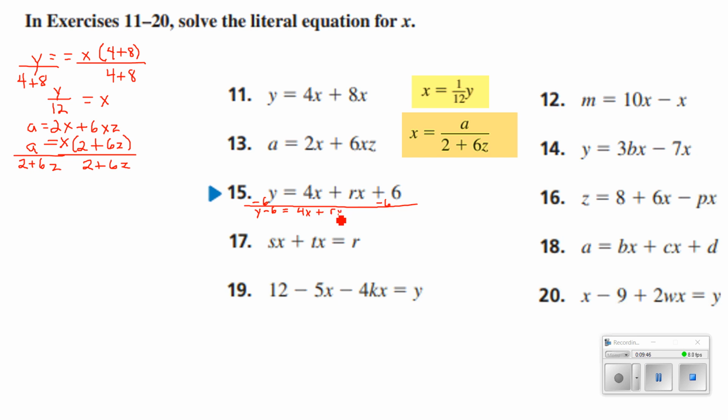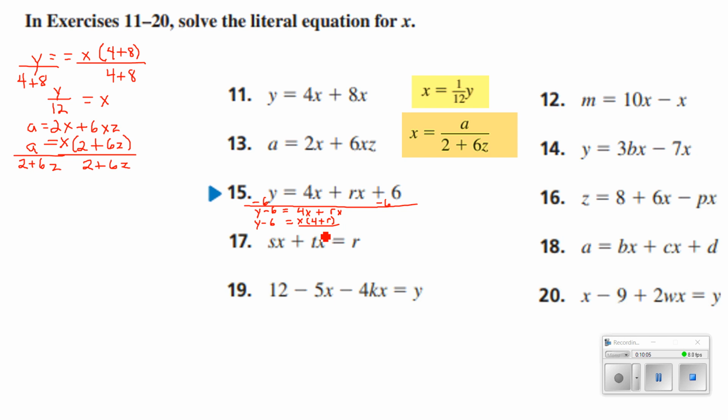Now I'm going to factor out the x's. This is the same as saying x times 4 plus r, which is equal to y minus 6.